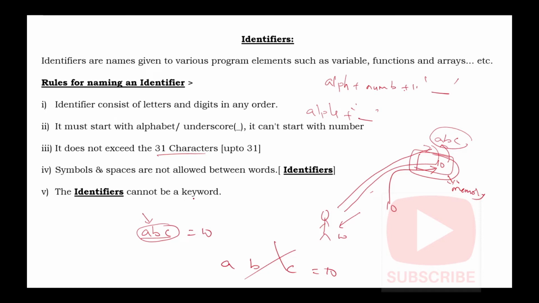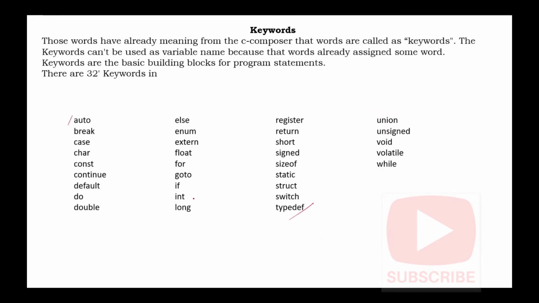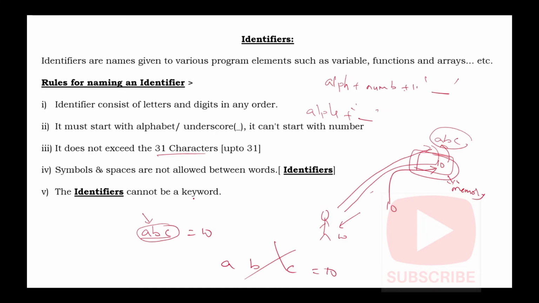Keywords means we already know that we have 32 keywords. You never use these 32 keywords as a memory name, right? Suppose if equal 10, or do equal 10. It is wrong. And this is also wrong. You understood? So while creating any identifier, you never use a keyword as a name.